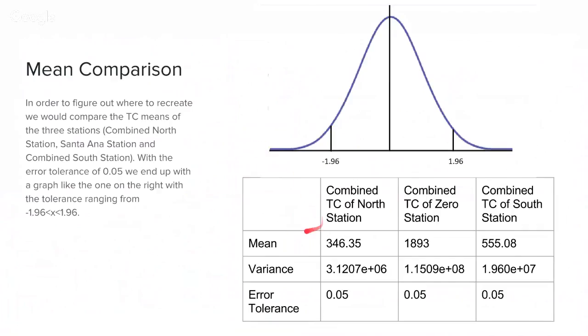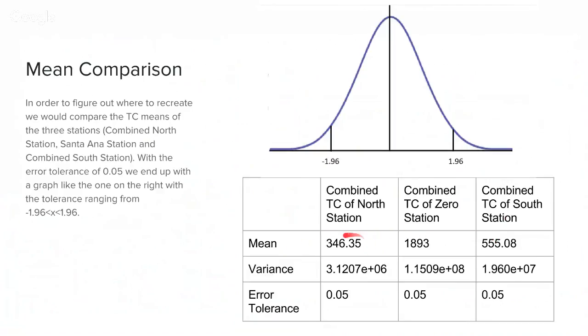So how we found the mean and variance is that we used the equations provided in the online lectures, and then we plugged that into our MATLAB code. And you can check our MATLAB code if you want to see how we solve for these values. But if you look closely, you see that the mean of the TC for the north is a lot lower than the TC at the Santa Ana station or at the south stations.